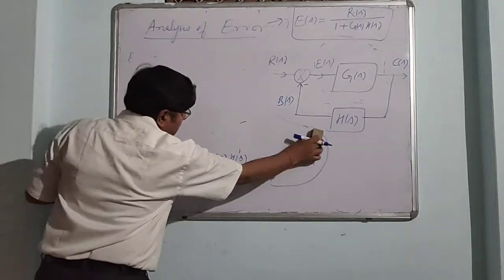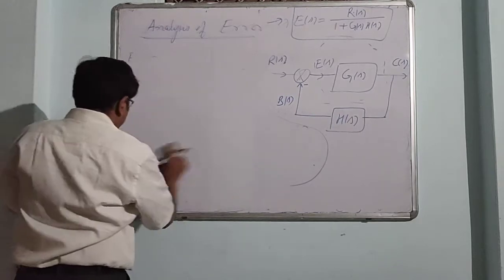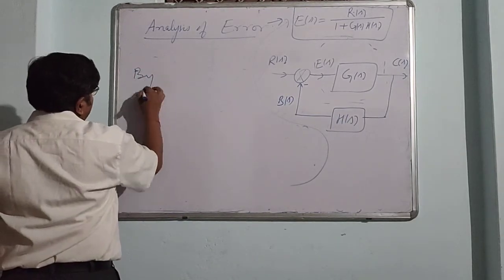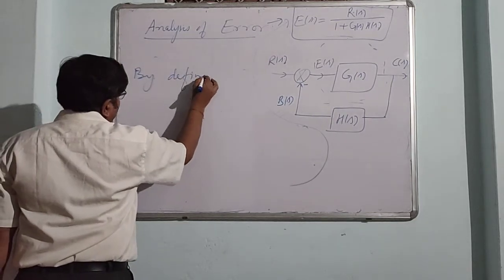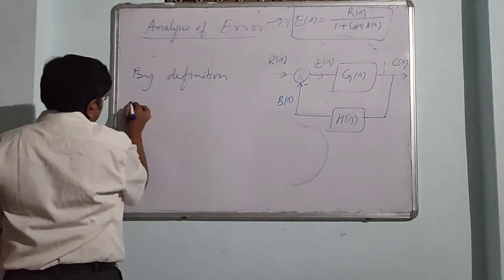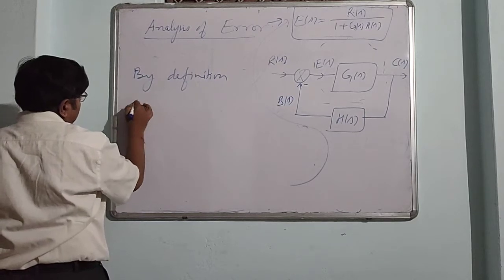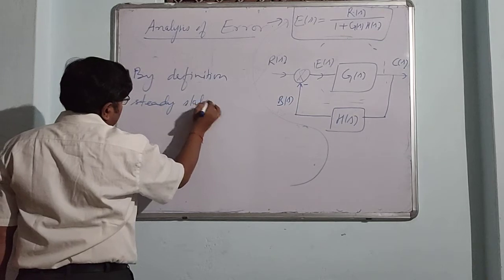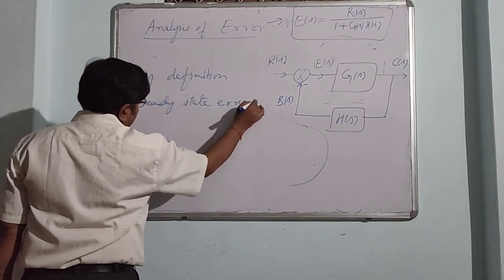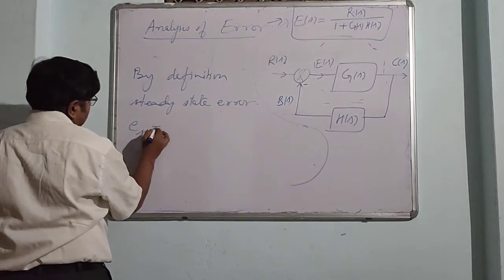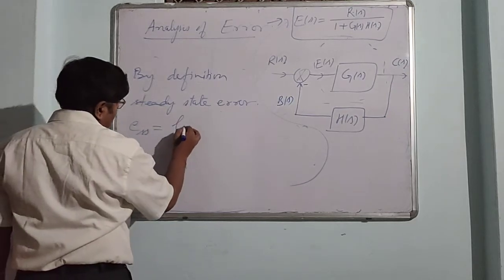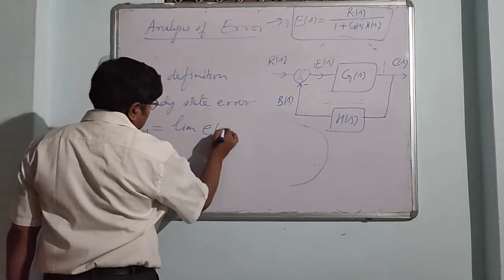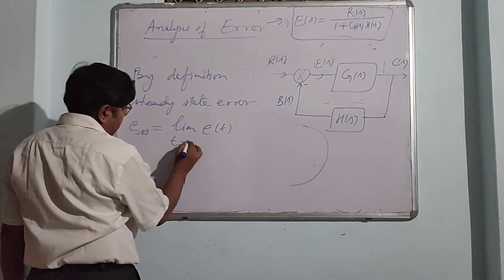And in time domain, by definition, the steady state error is given by the limiting value of e(t) when t tends towards infinity.